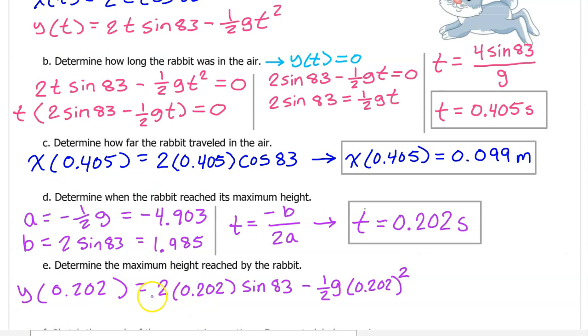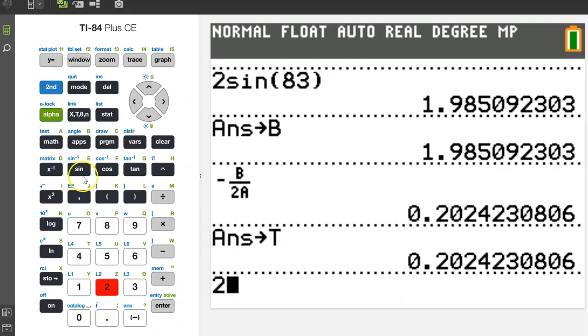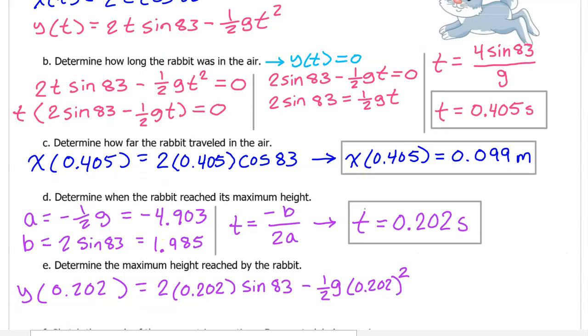So now we type 2t sine 83. So that's 2, then alpha t, sine 83, and minus 1/2 gt squared. And we already have g typed in.